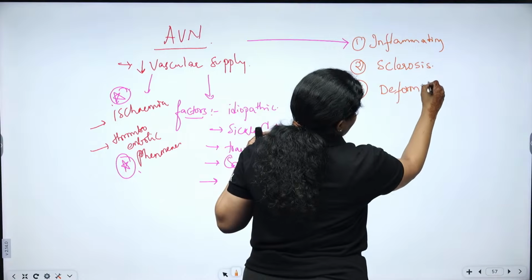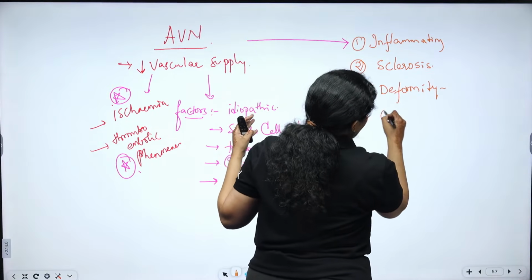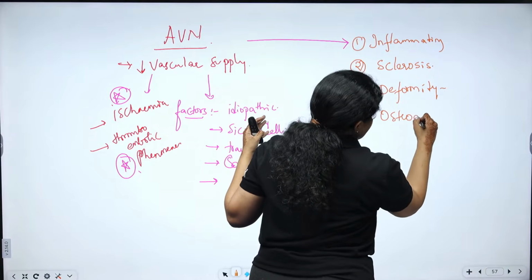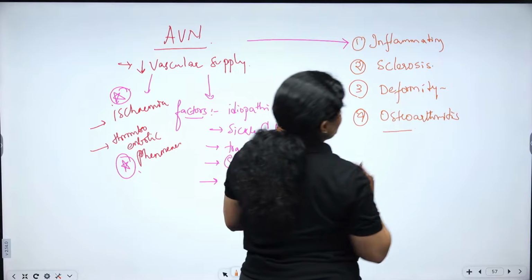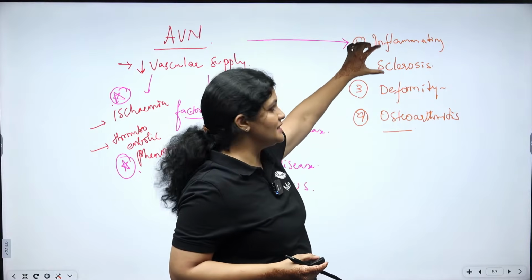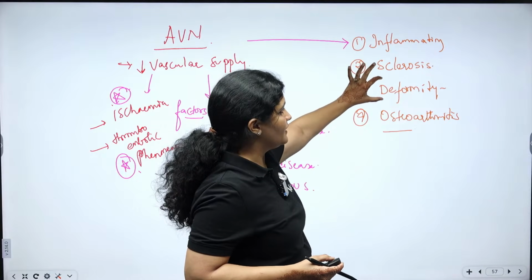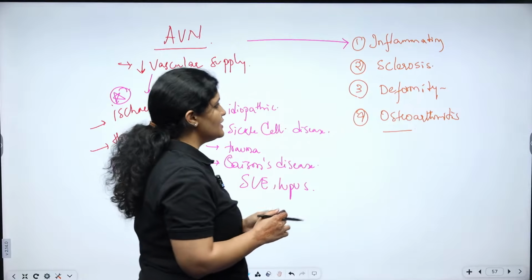The head becomes deformed, the sphericity is lost, and finally it results in osteoarthritis. So first there are inflammatory changes, then sclerosis with increase in density, then resorption, that is the deformity where the sphericity of the head is lost, and finally osteoarthritis.